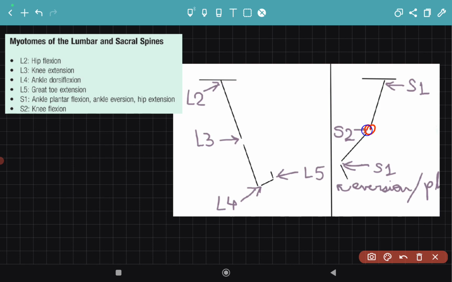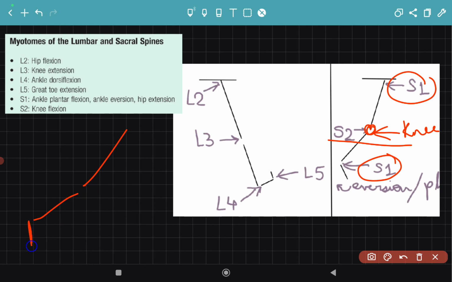So only in the center, for the knee joint, S2 is there. In sacral myotomes, for the sacral spine region, we have S1 at the top and at the bottom, and in the center for the knee joint we have S2. So we can just remember this position where everything is going back posteriorly, and hence we can just assume it and remember hip extension, then knee flexion and ankle plantar flexion plus eversion.